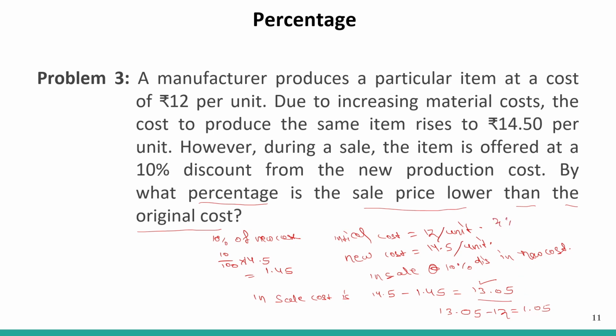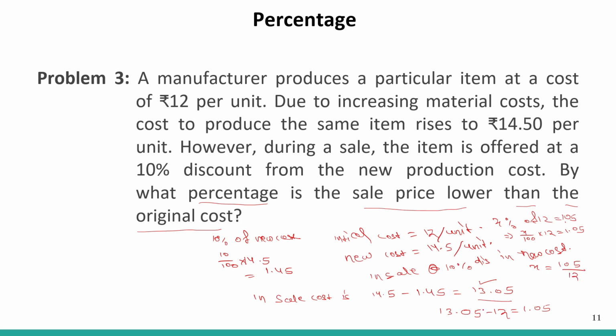So x percent of 12 is equal to 1.05. This is x by 100 into 12 is equal to 1.05. If I multiply by 100, we are left with x is equal to 105 by 12.